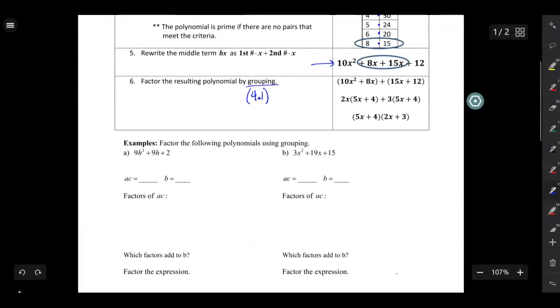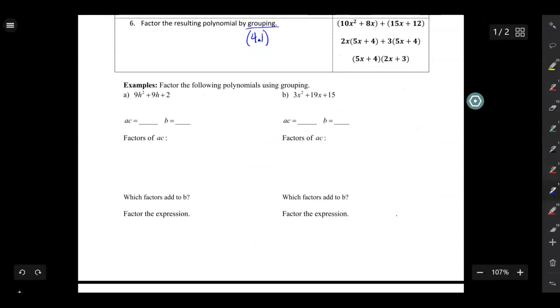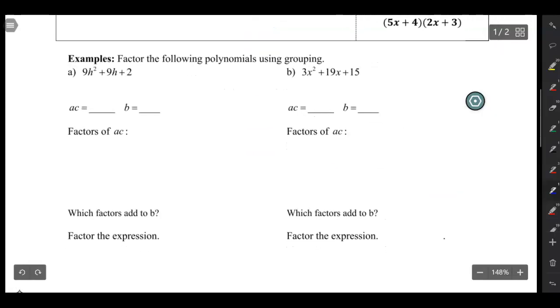Okay, let's do some examples where we actually work through them. So over here, we're going to factor 9h squared plus 9h plus 2. First thing I want to recognize is my a, b, and c: these are the numbers in front of the h squareds and so on. So when I do a times c, I'm doing 9 times 2, which is 18, and then my b value is 9.